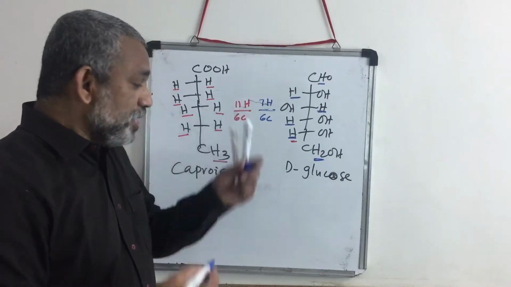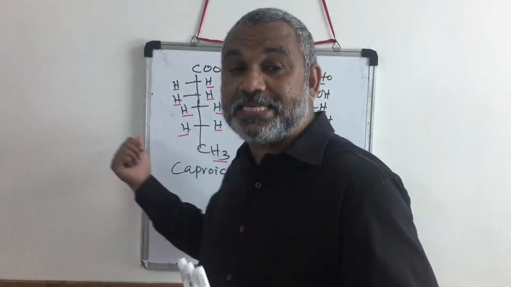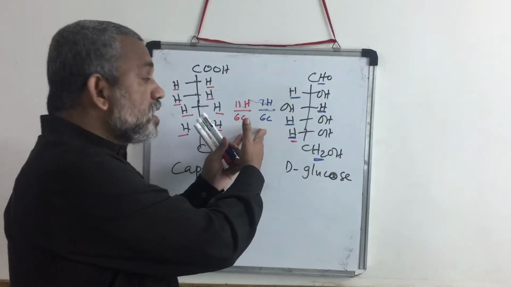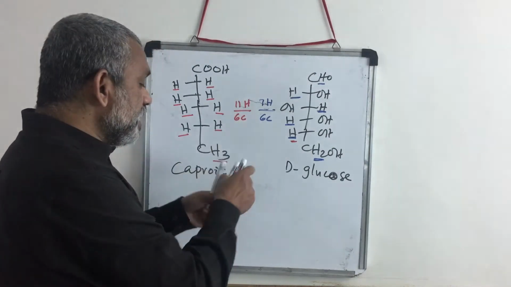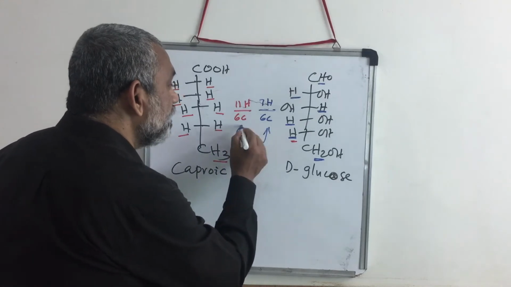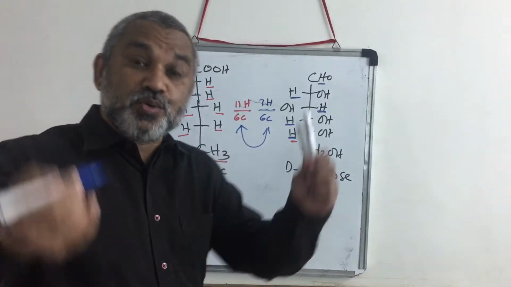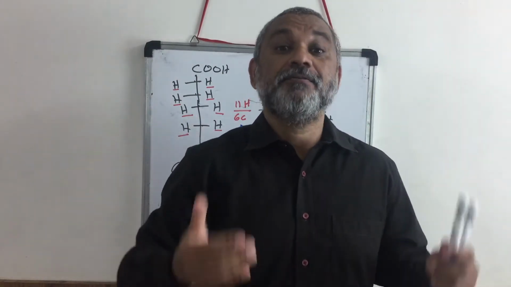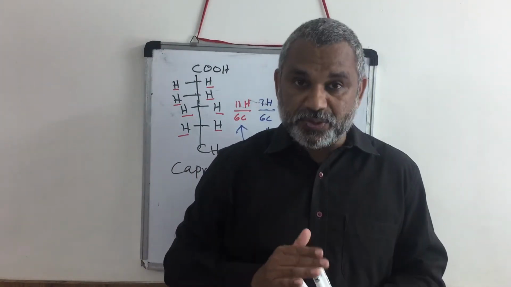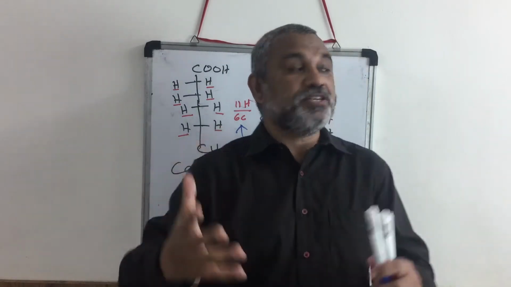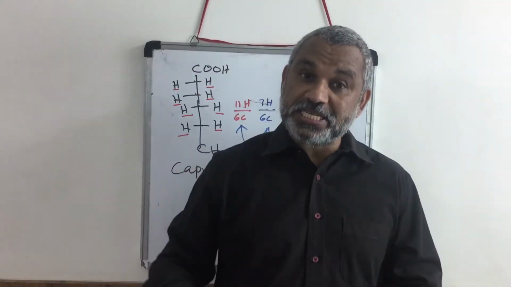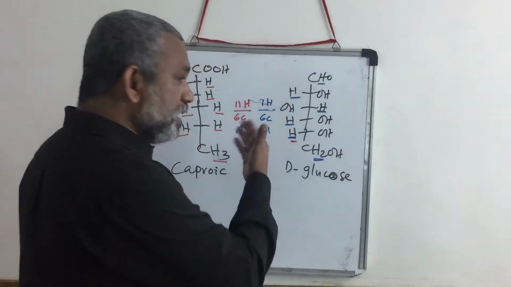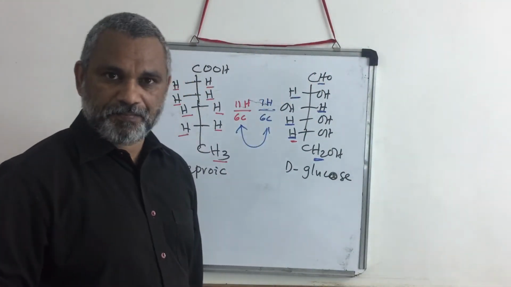If energy is present in the number of hydrogens, you see how almost double the quantity of energy is present in a fat. This is the meaning of the term that fatty acids are highly reduced. Because of the reduced nature, it has a greater capacity to store energy. That is one of the important functions of fat in the body.